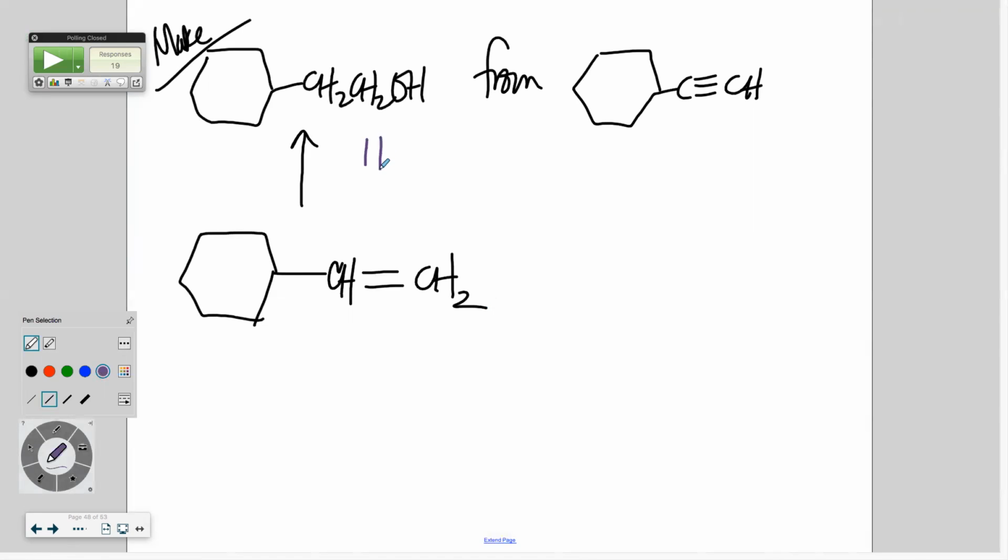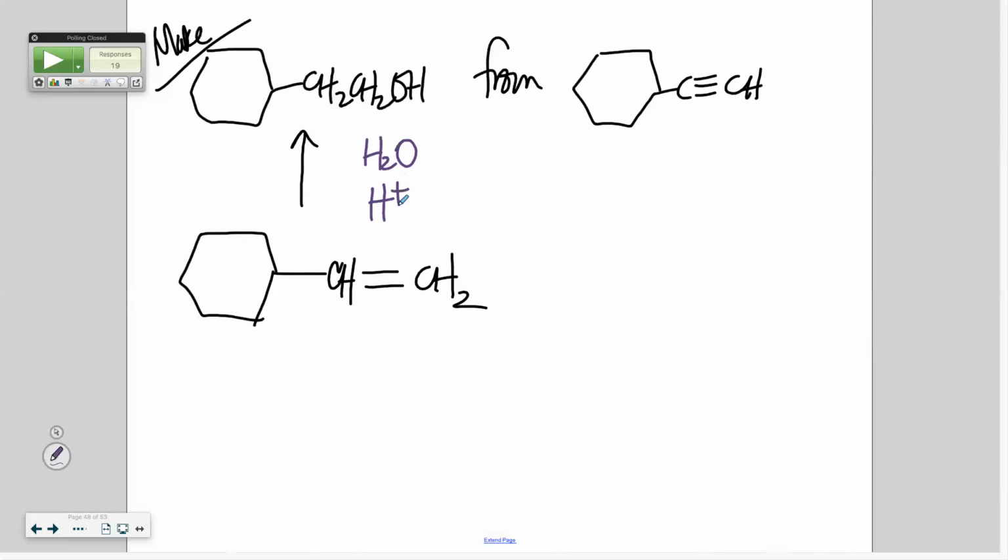Water. Okay. So what would happen if I added water to this? It would get wet. Remember? Oh, you need a catalyst. What kind of catalyst? H plus. What would happen if I added water and H plus to this?